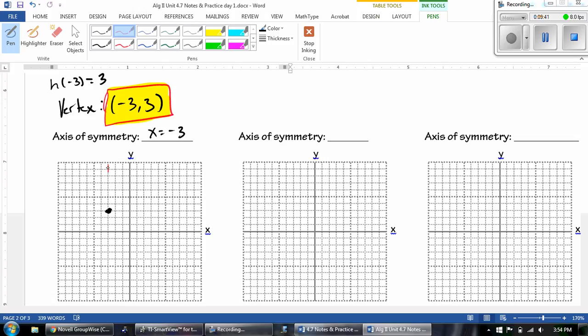If you want to draw your axis of symmetry right away, because you know it's at negative 3, and then I'm going to go down 1 over 1, down 4 over 2. And we're doing that in both directions to sketch our graph.